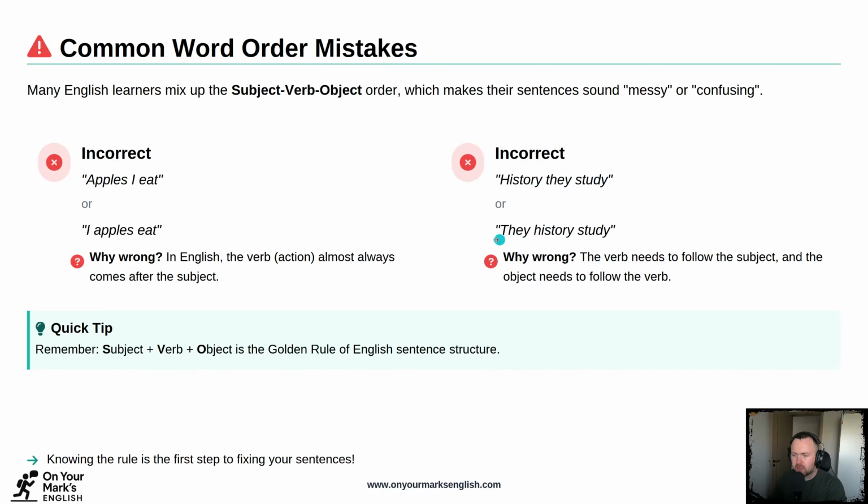"History they study" or "they history study." Again, why is this wrong? Because the verb needs to follow the subject and the object needs to follow the verb. So this should be, "I eat apples," and this should be, "they study history." Remember, subject, verb, object is the golden rule of English sentence structure.